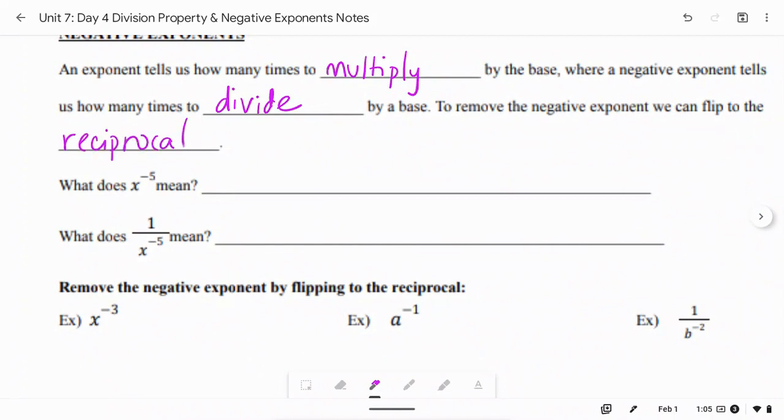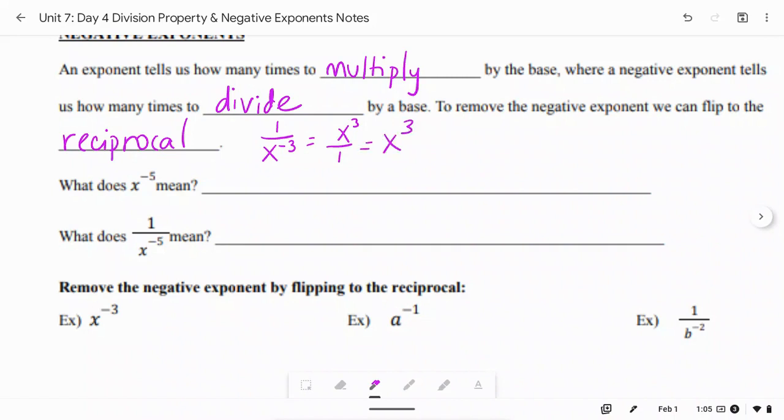Remember that a reciprocal is when you reverse. So let's just say you have 1 over x to the negative third power. To get rid of the negative exponent, we could just take the reciprocal and make it a positive exponent, which would be x to the third power over 1, or we can just write it as x to the third power.